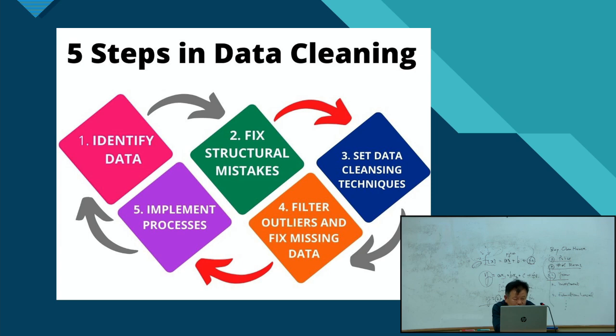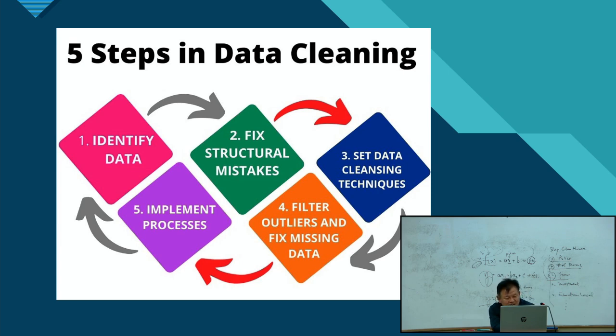Let me show you the 5 steps in data cleansing. First, identify the data. Next, fix the structural mistakes, which means choosing out the illegal data, incomplete data, and so on. The third step is to set data cleansing techniques: which technique is more powerful for cleaning the data?